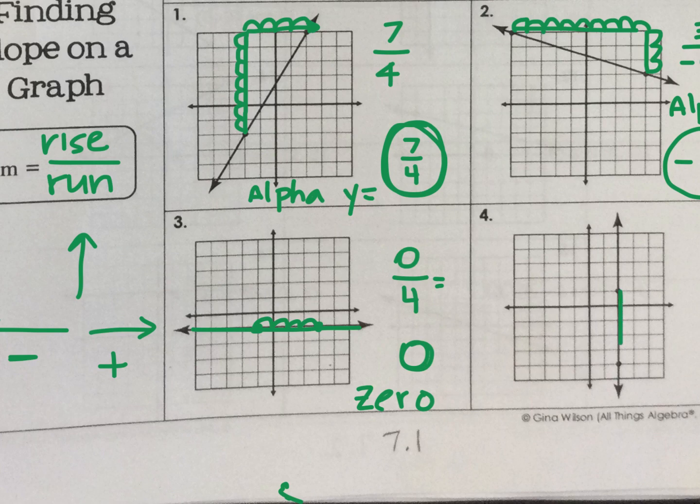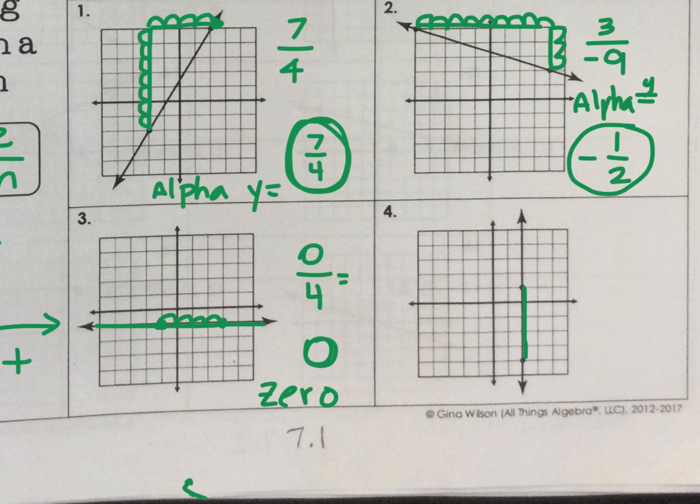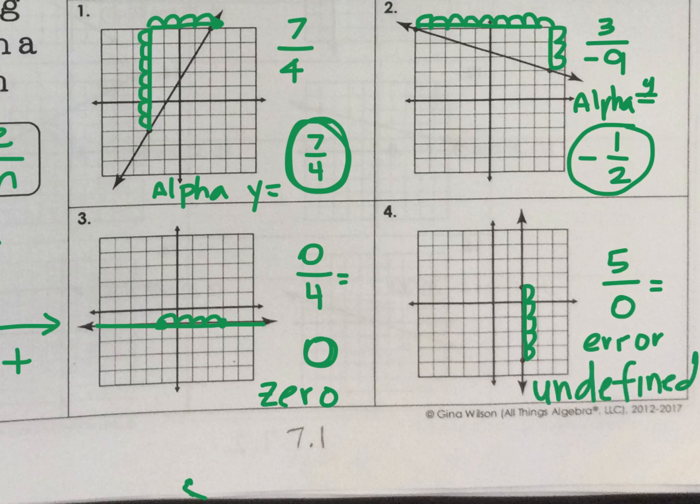Same with this one. My rise, I do have a rise. 1, 2, 3, 4, 5. I rose 4, but I don't go to the right or left any. If I type that in your calculator, it will say error. That's okay. That just tells me that when I see an up and down line, I know that it is undefined.